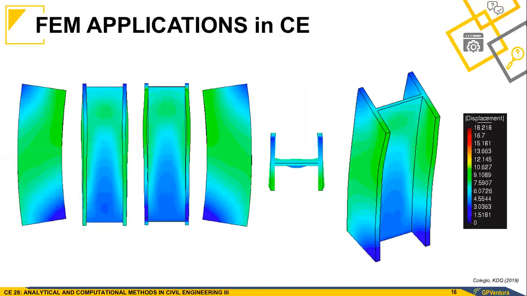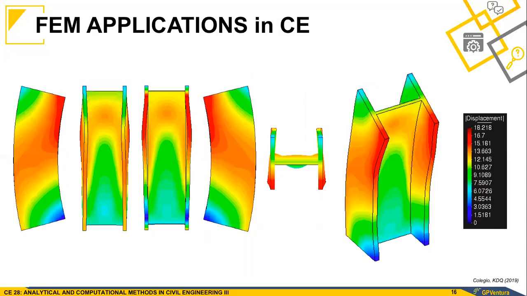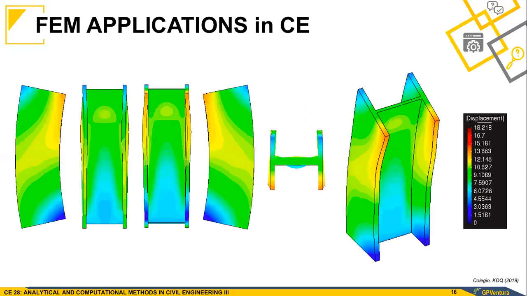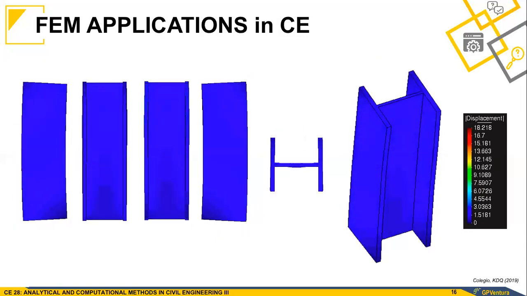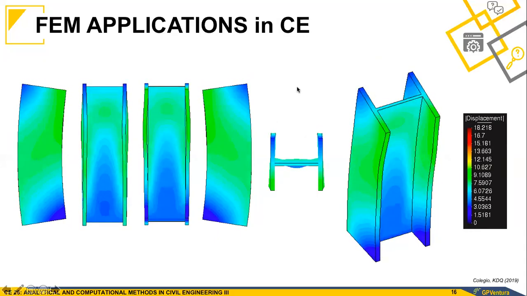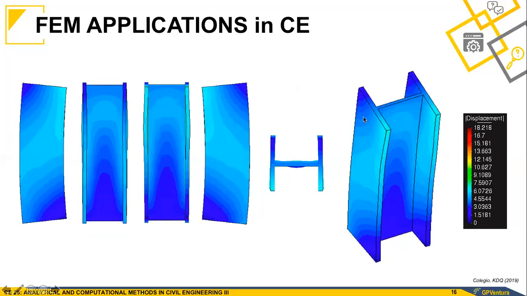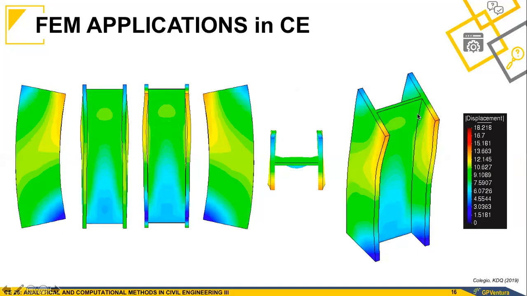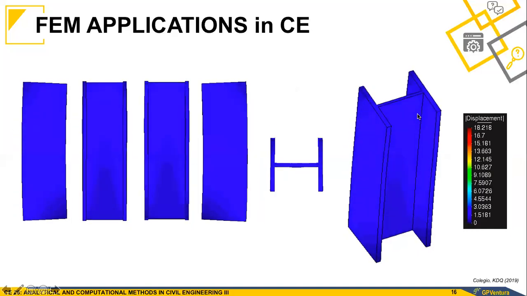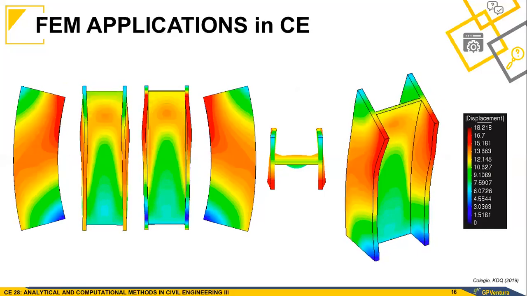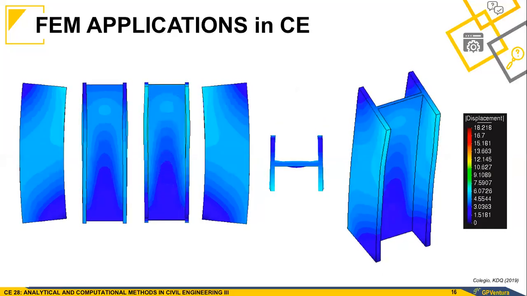This is buckling of a column. So the buckling of the column can be modeled using FEM, wherein our goal in this case is to obtain the displacements and the stresses in each point in the model as your load is being applied and as the column buckles. So this is for structural engineering.